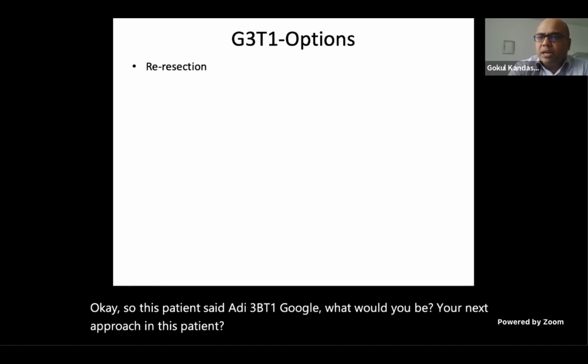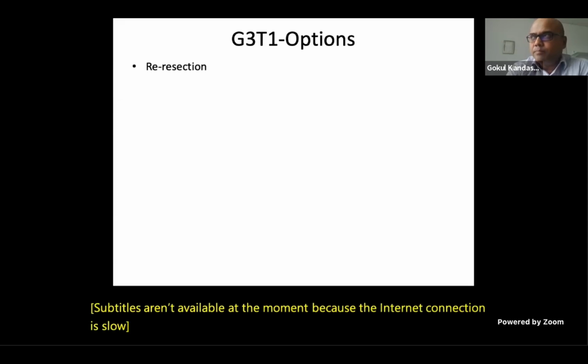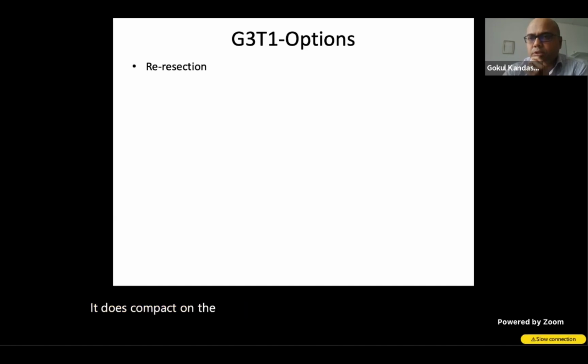But even if you have muscle in the specimen and it is still G3T1, I would still recommend to have another resection within that 6-week period, as mentioned earlier. It does carry a lot of relevance, and it does impact on the overall management. So I would send this gentleman for another resection.